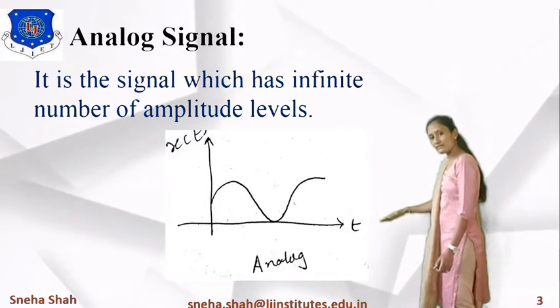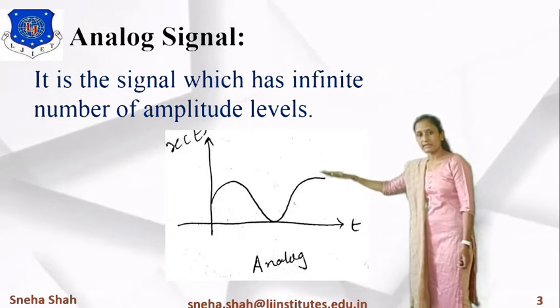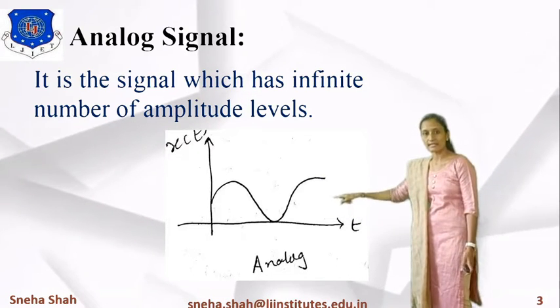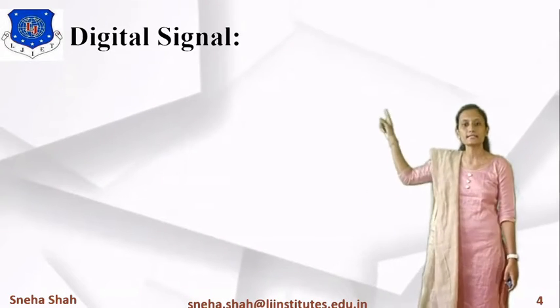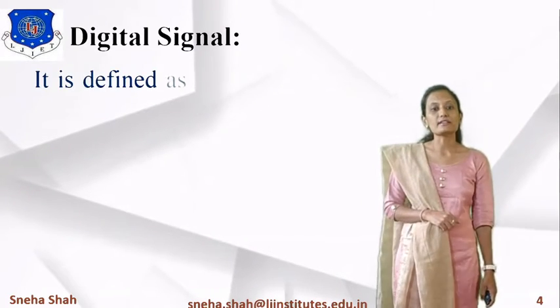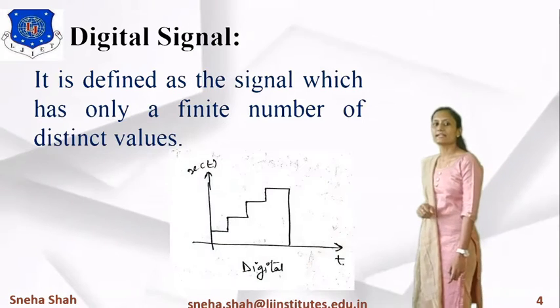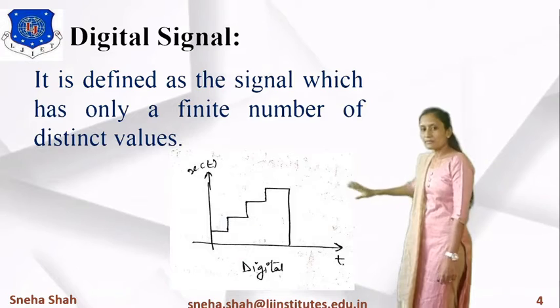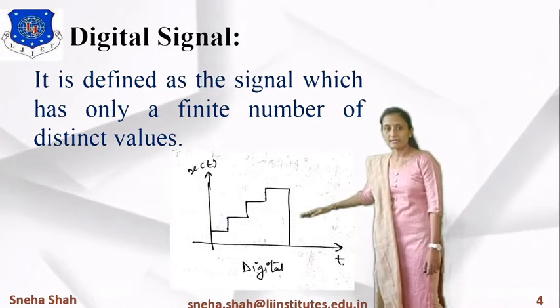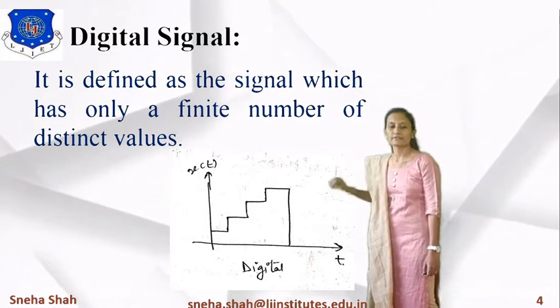If it has an infinite number of amplitude levels, then it is considered as an analog signal, and if the amplitude levels are finite, then it is considered as a digital signal. A digital signal is a signal which has a finite number of amplitude levels. From this diagram, you can see that the number of amplitude levels is finite.